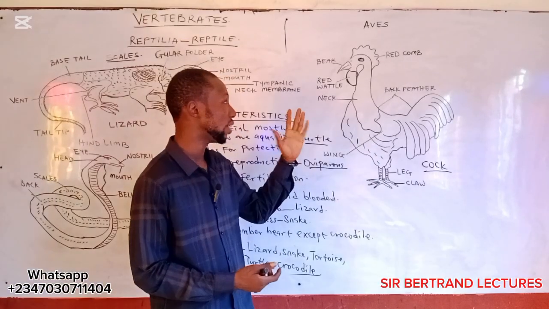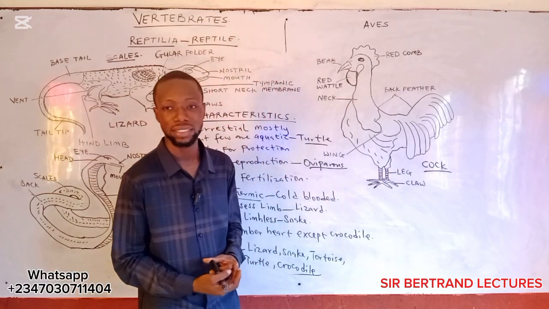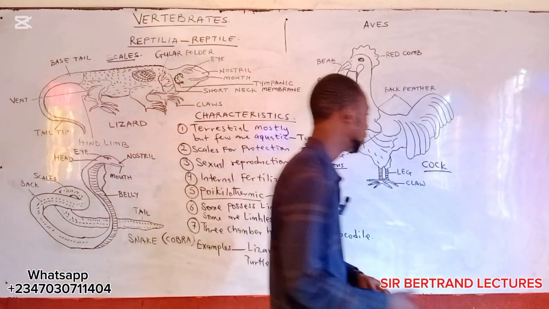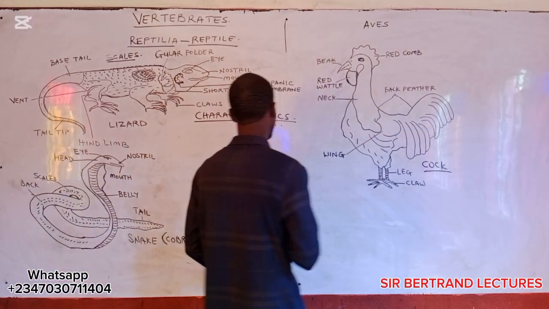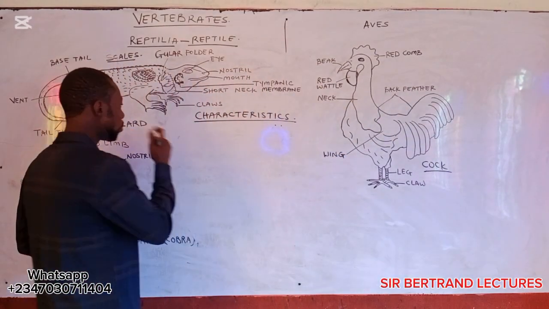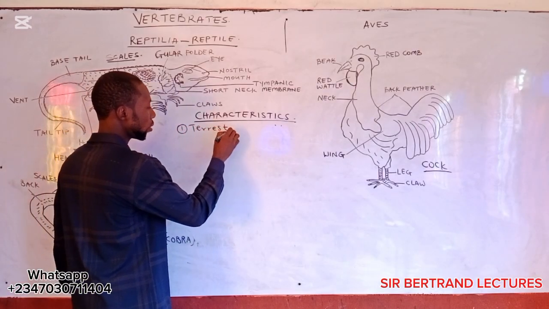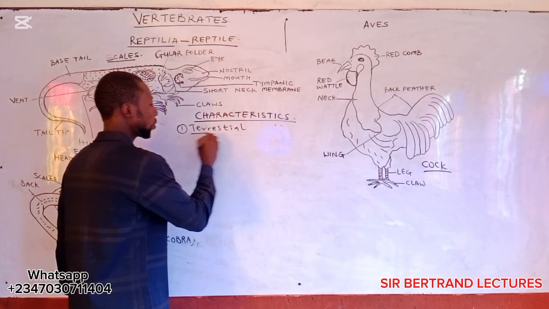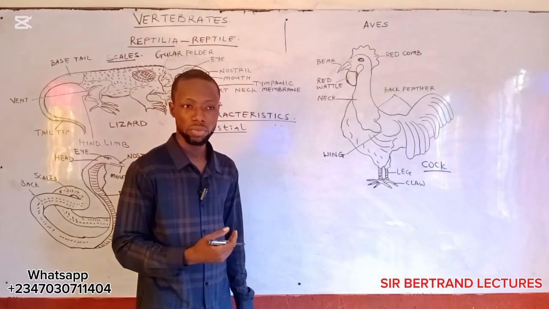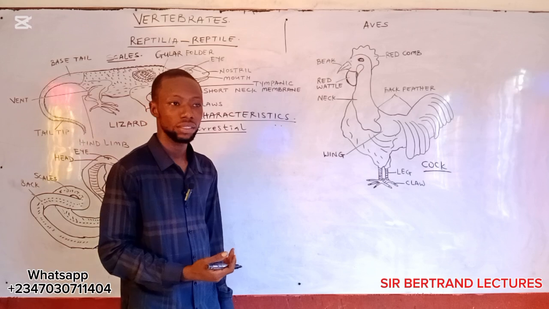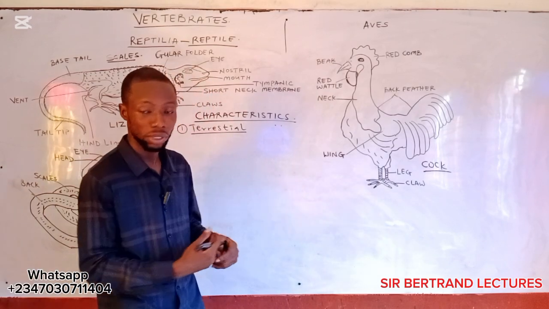Now let's look at Aves, which is the next class of vertebrates we have on our list. Number 1, Aves is terrestrial. Some live in arboreal habitats, and those that live in arboreal habitats can also be terrestrial.